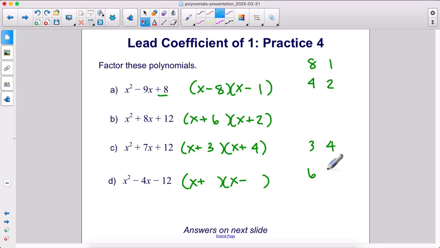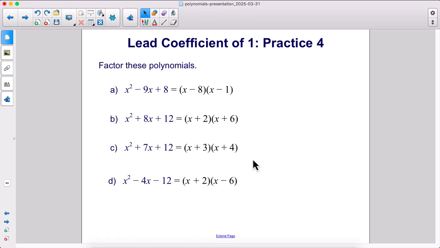We have 6 and 2. There we go. If we want -4, it means the larger number has to be negative. So -6 times 2 is -12. -6x plus 2x is -4x. So the negative sign needs to be in front of the 6, positive sign in front of the 2.